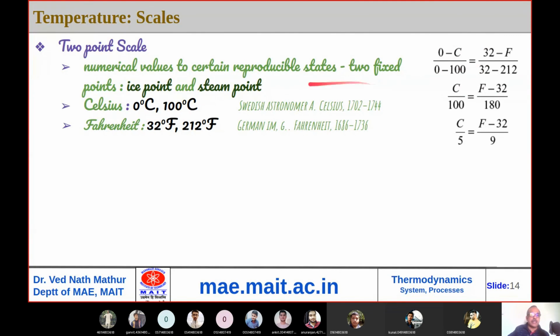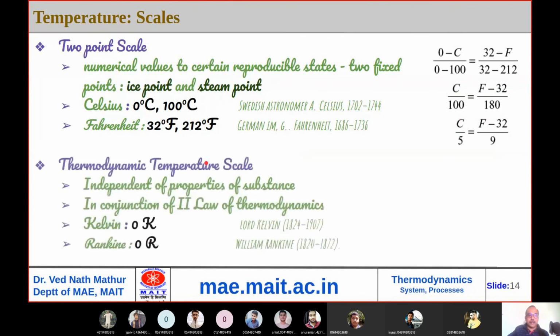Celsius scale and centigrade scale is one and the same thing. Earlier it was called centigrade scale. Later we started calling it Celsius scale. So this formula you should remember, that C by 5 is equal to F minus 32 by 9. This is the interconversion of Celsius to Fahrenheit.